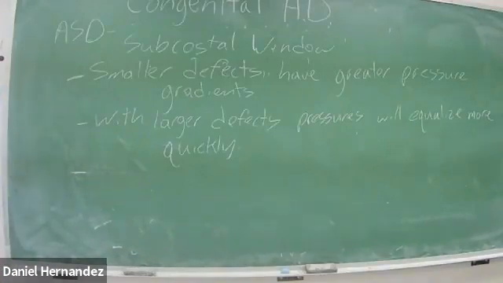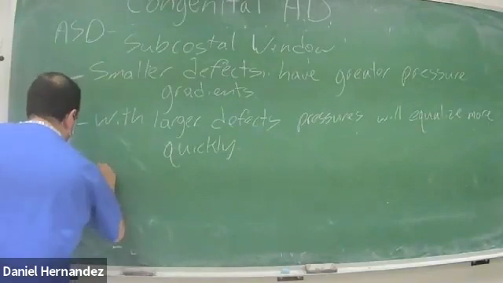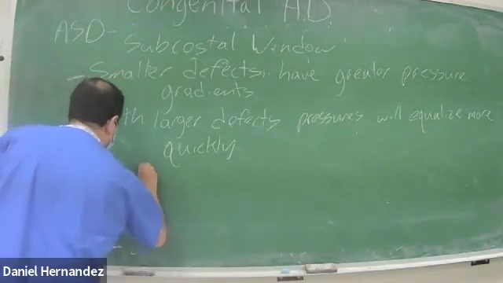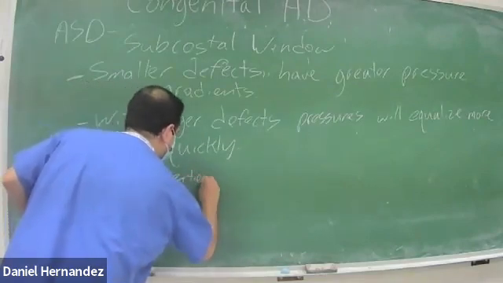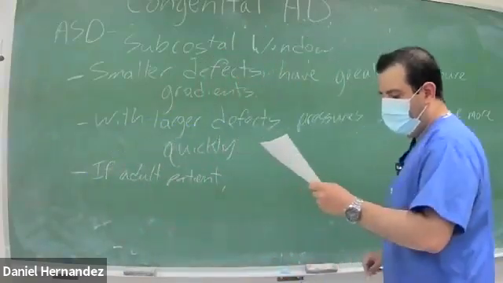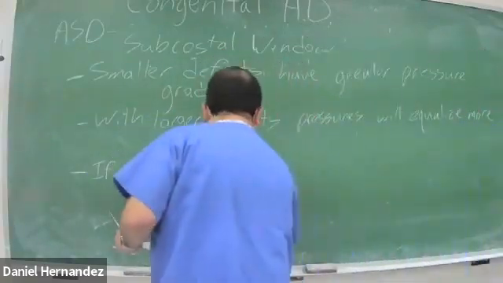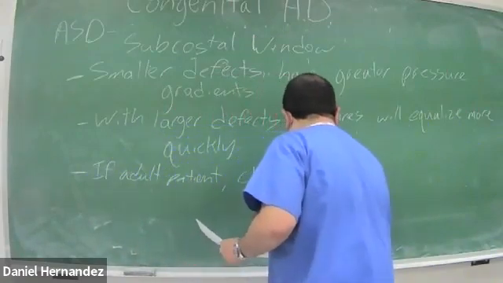So if we're scanning an adult patient and we happen to find an ASD, say it was something that went undiagnosed into their adulthood, we also want to look for left mitral valve problems.